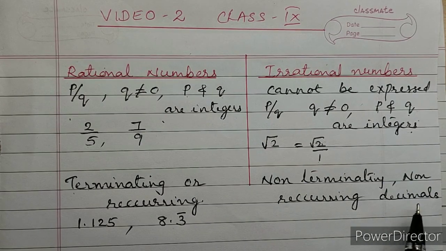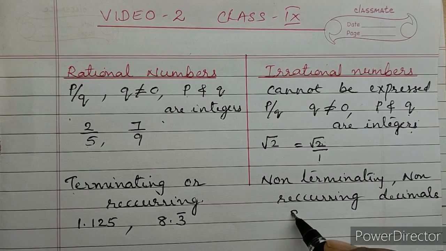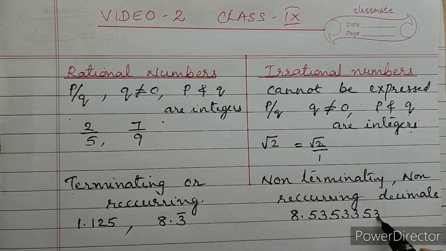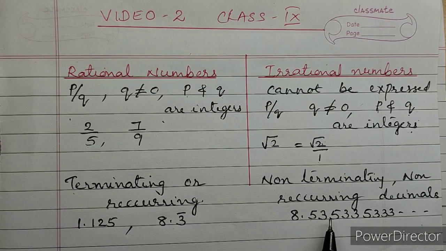Now non-terminating, non-recurring decimals. Non-terminating, that means it should continue. For example 8.535333 etc. You can write it as irrational numbers decimal expansion. Why I have written 53, 533, 5333 etc.? Because if I am just writing 8.53 etc., chances are there after some decimal point it will repeat or recur.